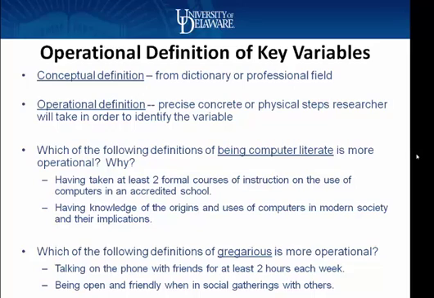It is how you would measure that someone had the knowledge of computers. So if you're interested in someone's knowledge of computers and being computer literate, one way that you could measure it is, have they taken at least 2 formal courses of instruction in an accredited school?